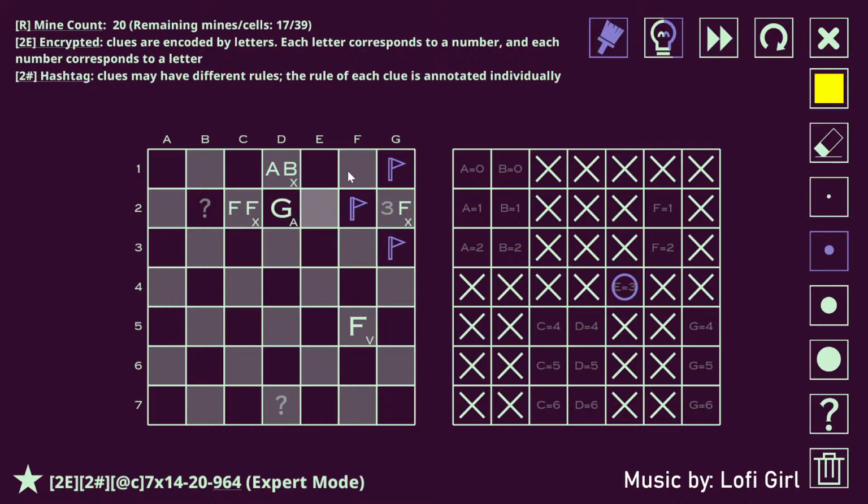Can F be 2? If F were 2, then you have to have mine here, here, here, and here. AB would be 0, 1, which appears valid. Okay. Can F be 1? If that were the case, then A and B are 0, 2, giving us mine here and here.